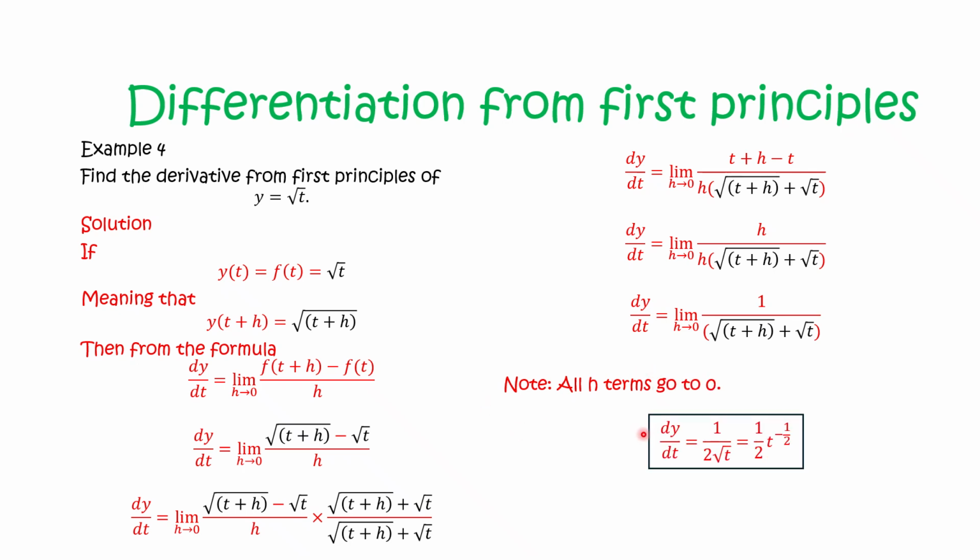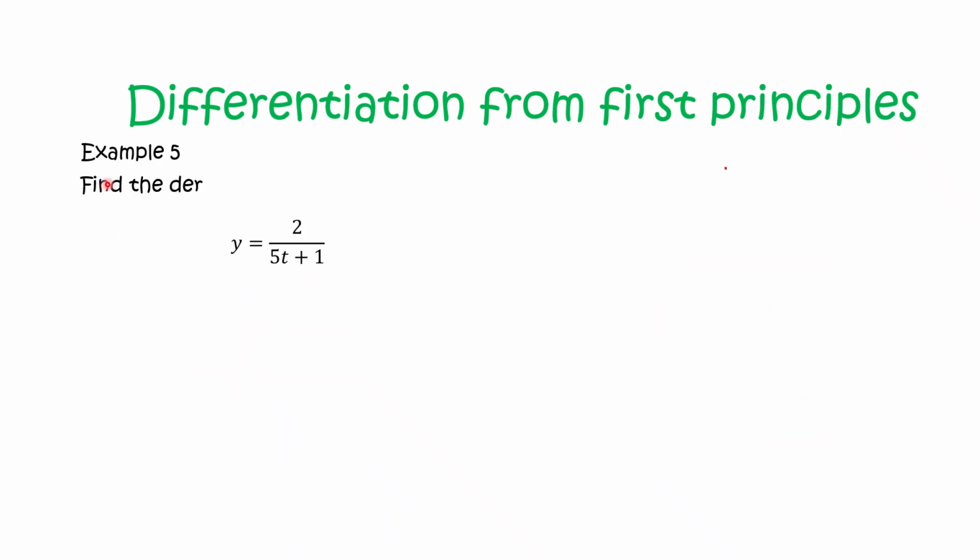And when that happens, our answer is dy/dt equals 1 over 2 times root t, or simply put, 1 over 2 times t to the power minus a half. And that solves question 4. So that's how we solve this problem. And take note of the conjugate; we introduce the conjugate.